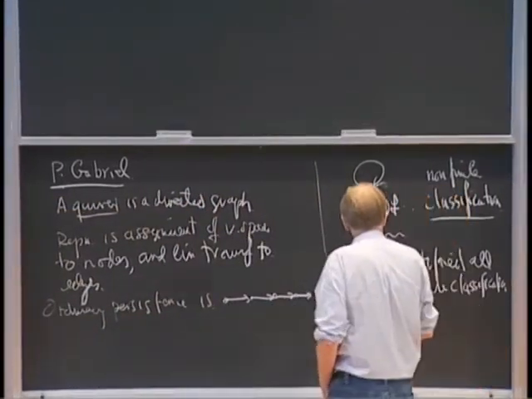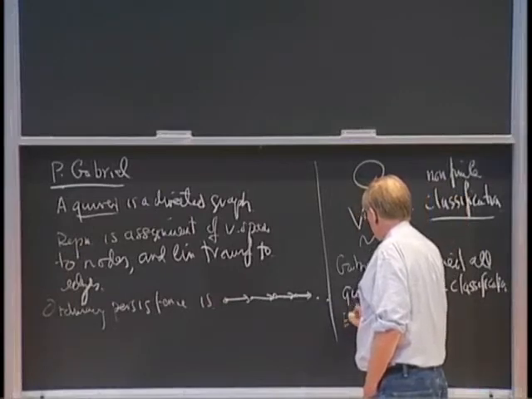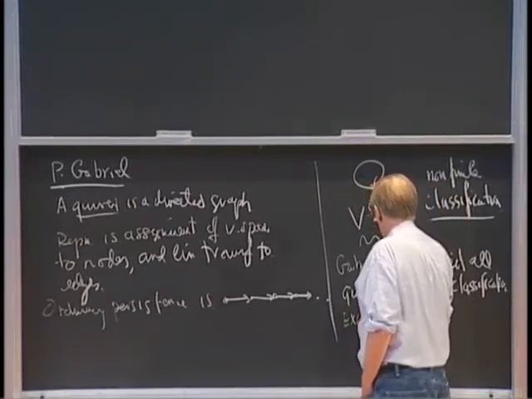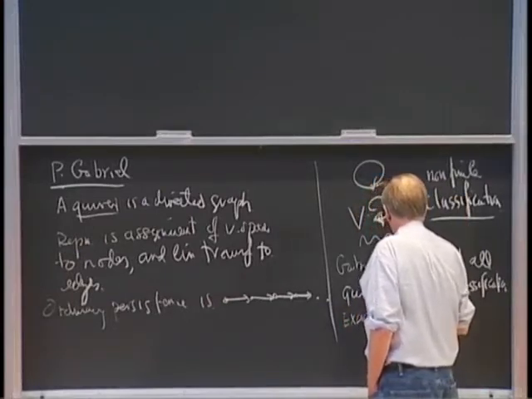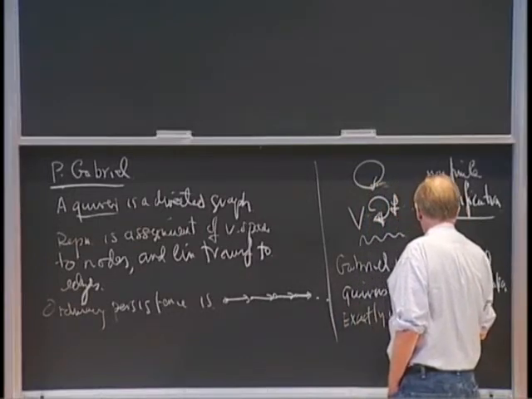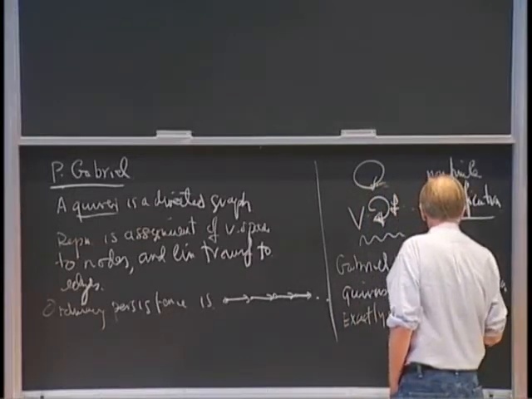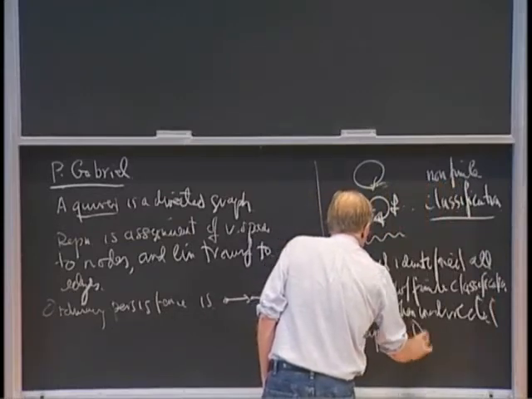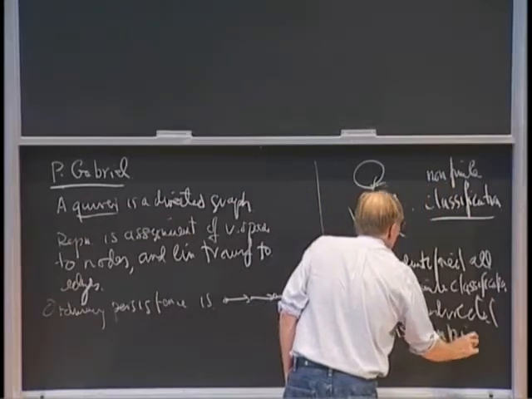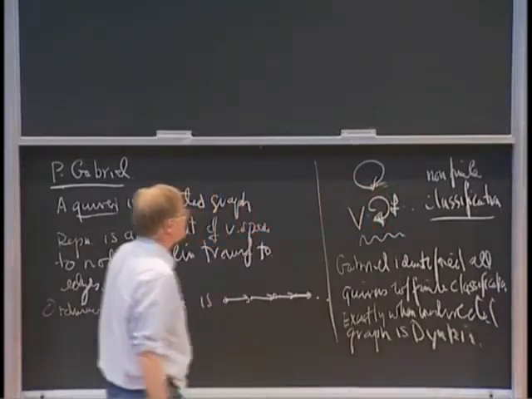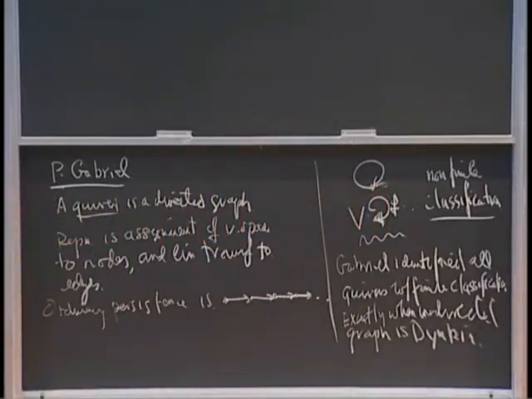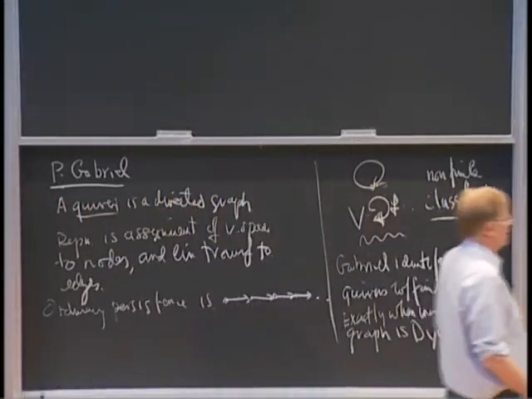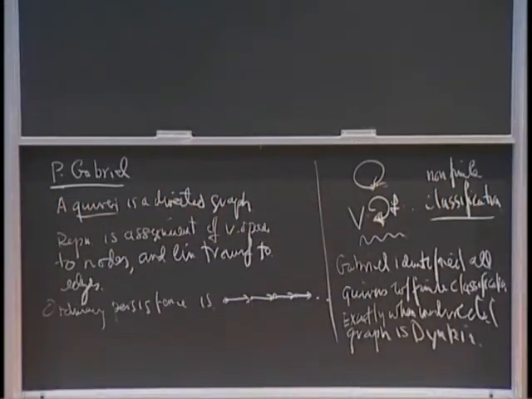So this occurs exactly when the underlying undirected graph is Dynkin. In particular, what that says is, now, look, suppose that I have a little more foresight here.